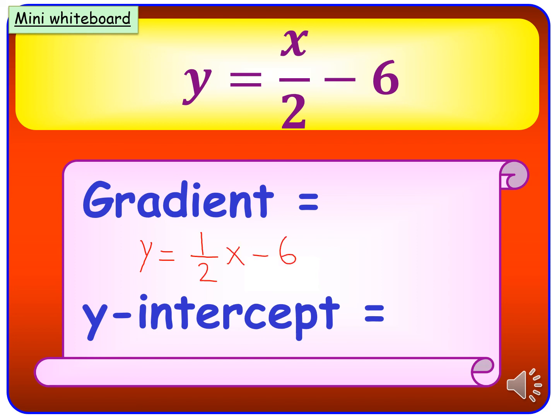That is exactly what the equation above is saying. So whenever you see x over something, just know that it's a fraction. You can take the fraction in front of the x coordinate. So y equals half x minus 6. Therefore my gradient is half and my y-intercept is -6.